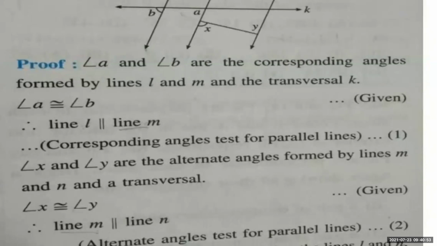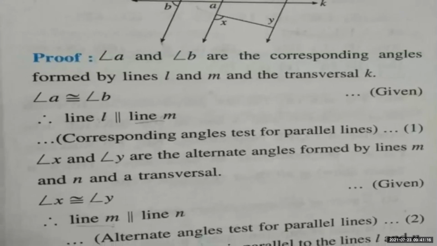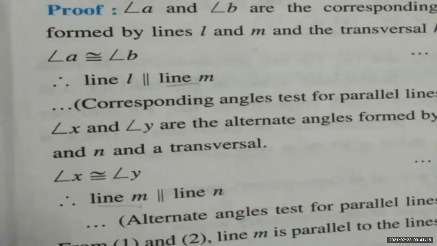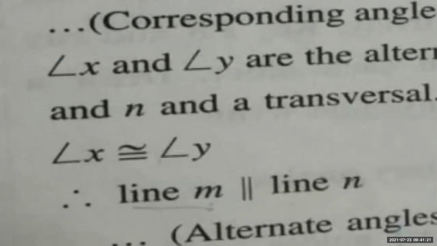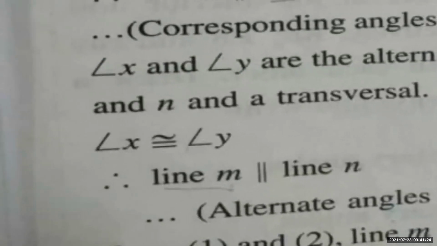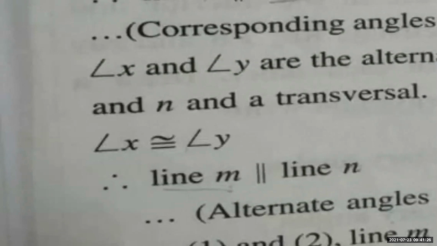If the A given there was already used in the angle, to avoid confusion you can extend the segment joining angle X and angle Y, label it differently, and take that as the transversal. That will also be okay. So if angle X and Y are given congruent, line M will be parallel to line N, because of the alternate angle test.